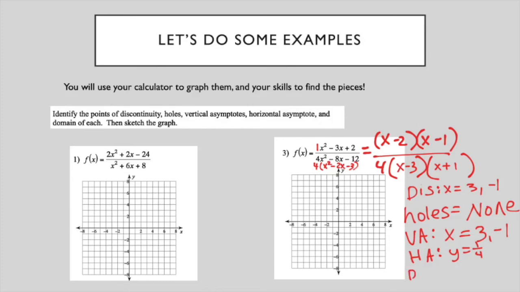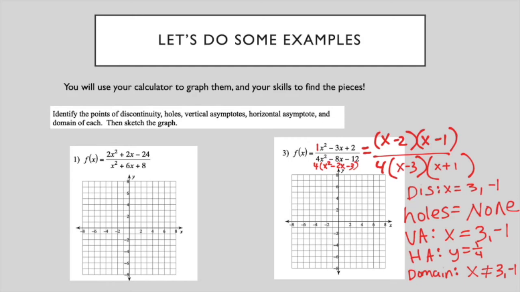The last thing is the domain. It's 3, negative 1, or negative 1, 3. And it's x cannot equal 3 and negative 1. It doesn't matter which order.